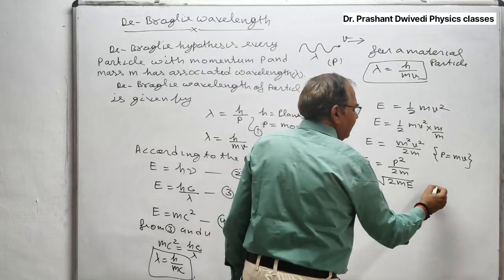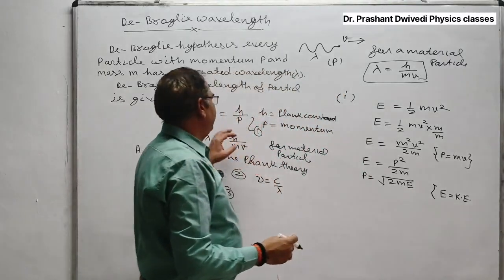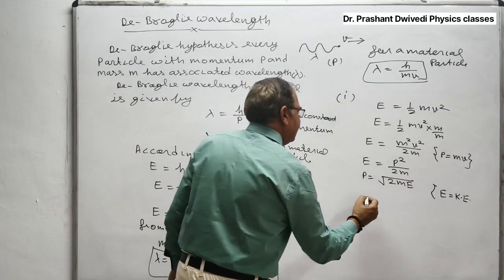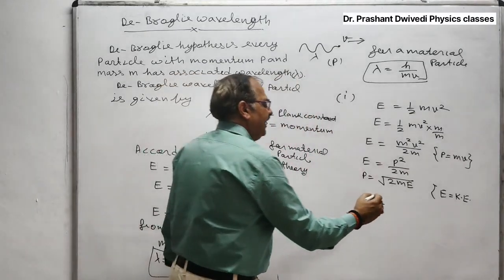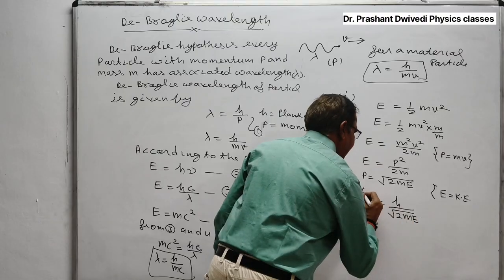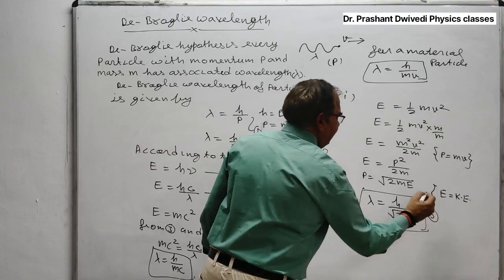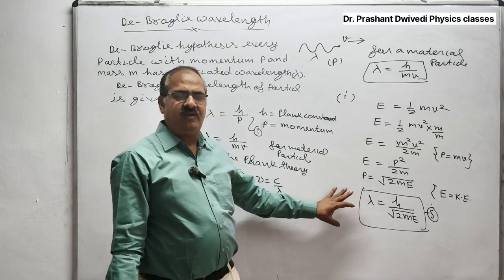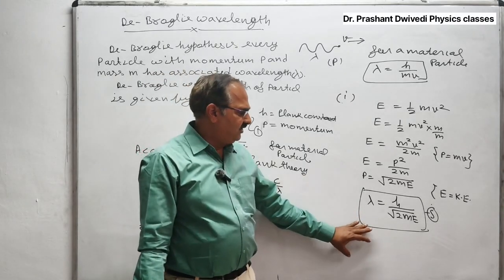This is the formula for the de Broglie wavelength for the kinetic energy E of the particle. Equation number 5.